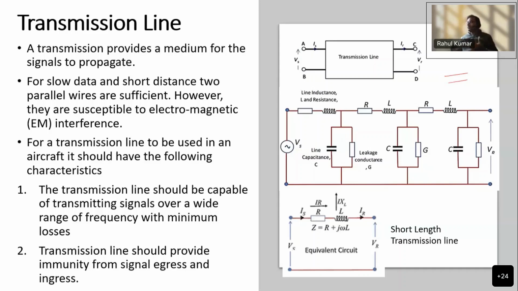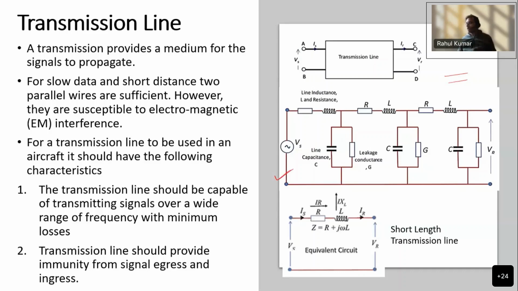Now these metal wires will have some resistance, inductance and capacitance. So we can model the transmission line by this type of RLC circuit.